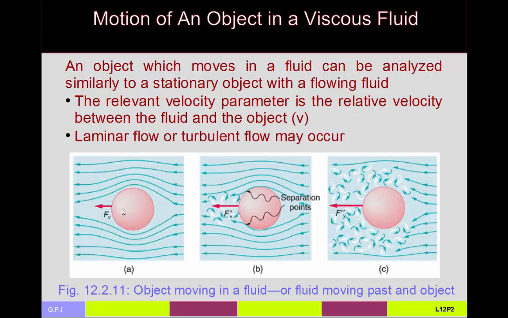So the relative velocity between the fluid and the object becomes the only thing that really matters. And you can have either laminar flow around the object or turbulent flow around the object or some combination thereof.